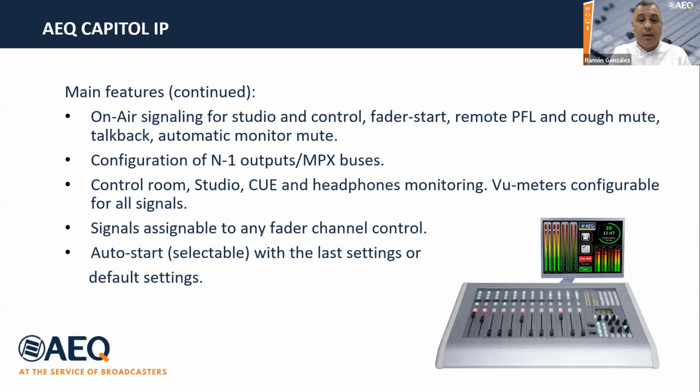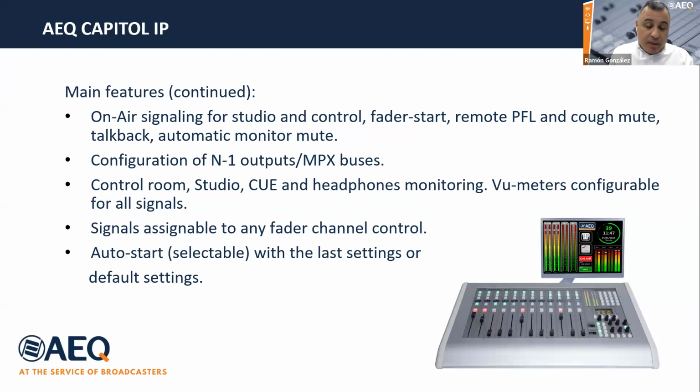But if you need it, our guys in customer support will be very happy to assist your installation. Capital IP comes at the same time with classic or mandatory functionalities in a radio studio workflow. On-air signaling, for example, for studio and control rooms, fader start, remote PFL, count mode, talkback, automatic monitors mute, and among many other mandatory functionalities in broadcast radio studios.